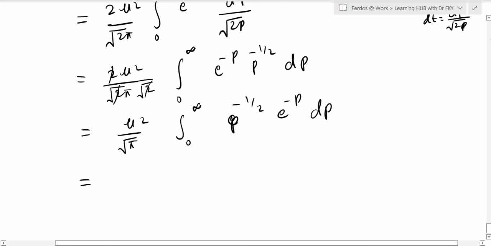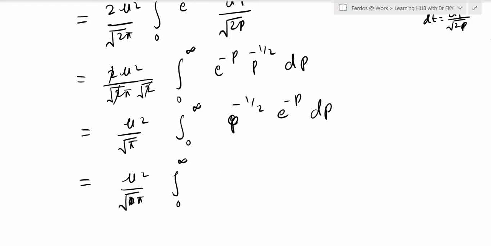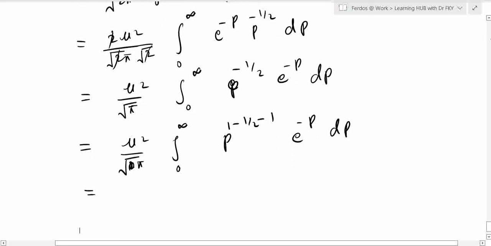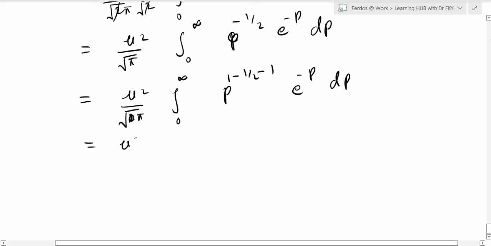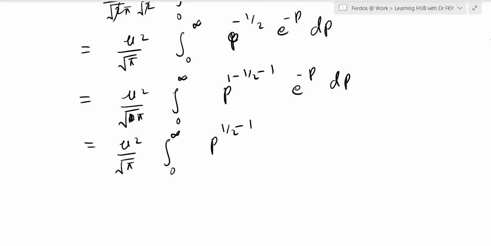Now as I did already, mu square divided by 2 pi, not 2 pi, this is pi, now this is only pi. So this can be written as p power 1 minus 1 divided by 2 minus 1, I just added and subtracted 1, e power minus p dp. And now you can do mu square divided by pi square root, 0 to infinity, p power 1 divided by 2 minus 1, e power minus p dp.